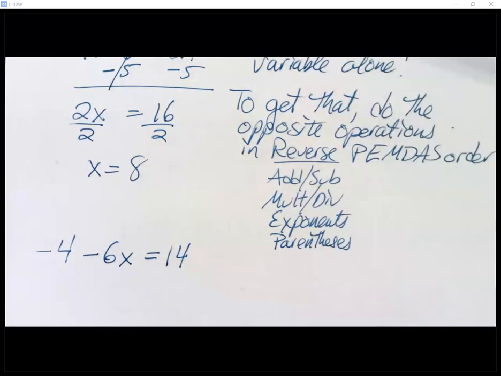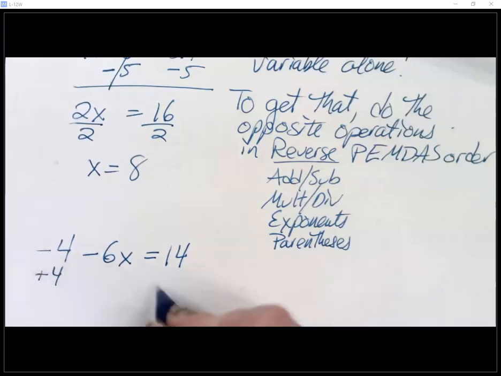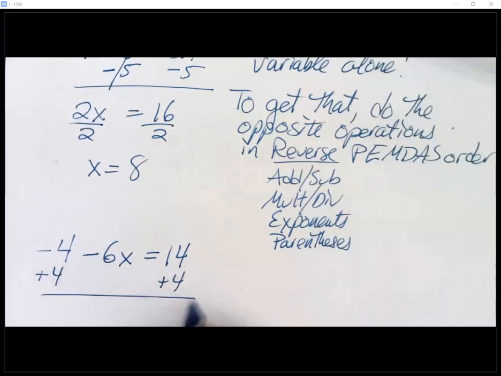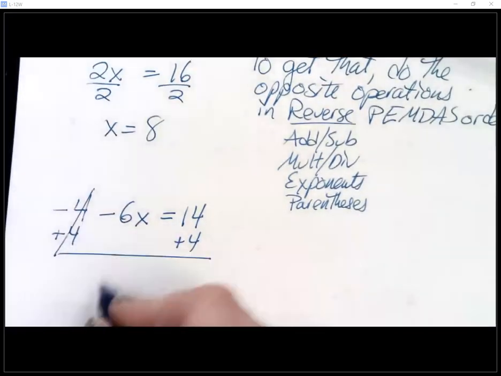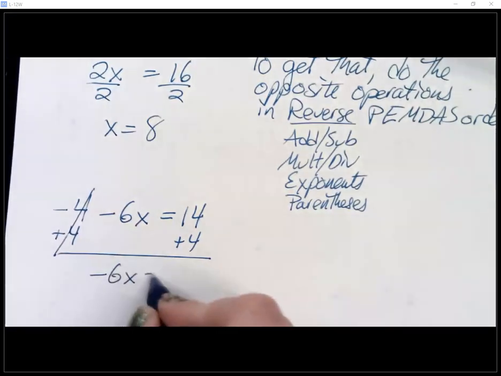All right, so what should I be getting rid of first? I need to get rid of the -4 and the -6, Maddie. Yes, it's a negative, so I'm going to add 4 to both sides. When I do that, those 4's cancel. Now I have -6x equals 14 plus 4 is just 18.